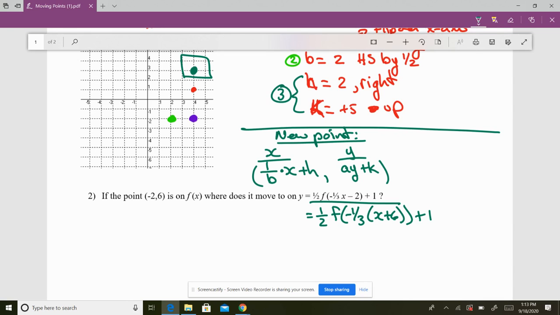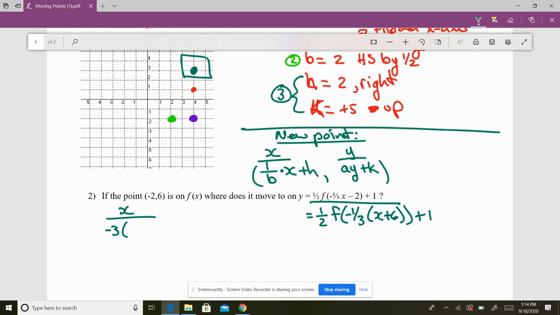Okay, let's do the x. 1 over b. What's 1 over -1/3? It's -3. Just flip the fraction. So it's -3 times your x value.